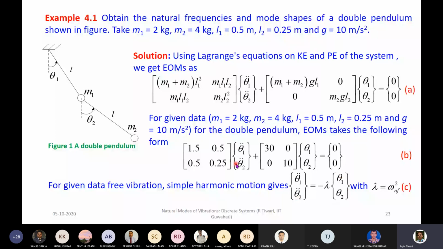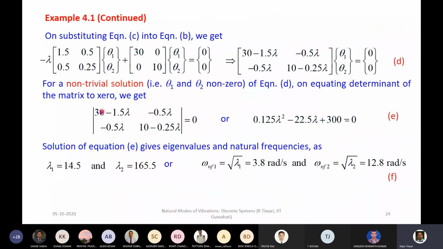If we substitute this in the equation of motion, we will get this. Because now there is a θ1, θ2 vector, it can be taken common. If we take it common, the mass matrix and stiffness matrix combine to give us this, which is basically the D matrix which we got earlier.